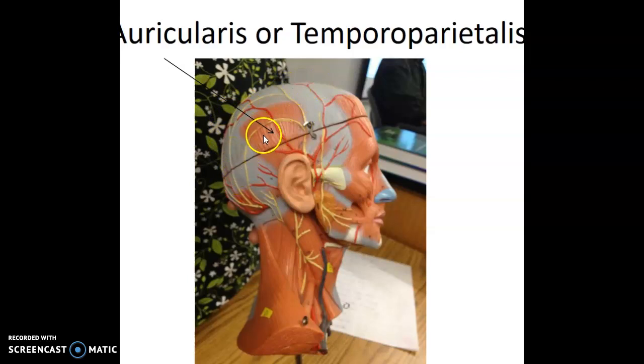On the models, the reddish area is the muscle, the gray area is the tendon. So your scalp is a big tendon. Again, there's the frontalis, there's the occipitalis, and from here back to here is the occipitofrontalis.